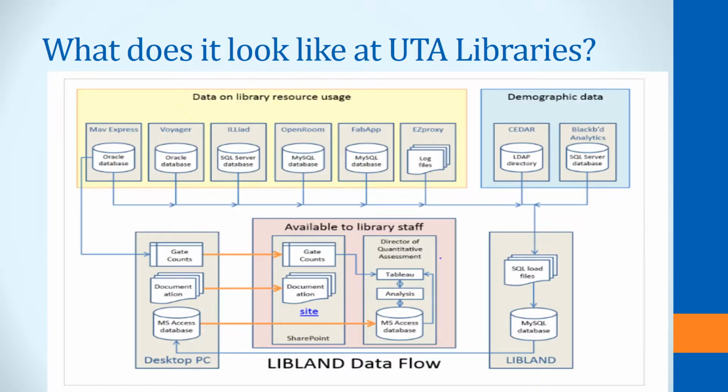So this is what our library learning analytics database looks like. This is the database that we have created using the MavExpress data represented here on the top left, information from Voyager, which is our integrated library system, so that's about checkout of materials, interlibrary loan, what we borrow from other universities and other locations, our Open Room program, which is an open source application that students use in order to reserve one of our 14 study rooms across the 3 libraries.